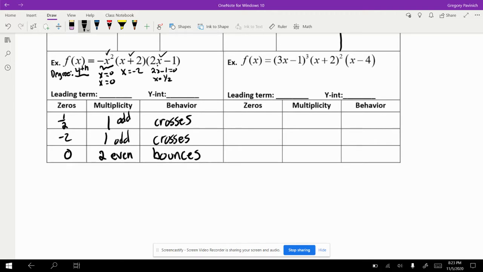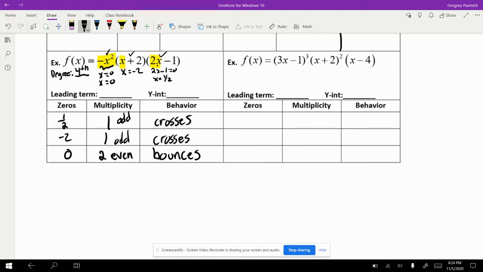Okay. Now, if we want to find the leading term or the y-intercept, this is not a difficult process. For any polynomial, when you multiply the factors together, if you multiply all of your firsts together, you will get your leading term. So here's my first, x, 2x, an x, and a negative x squared.